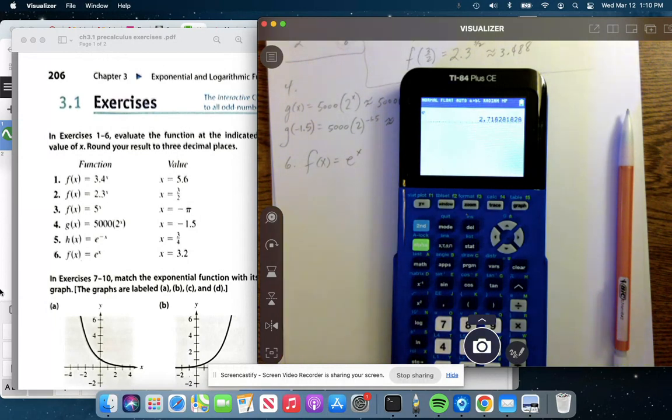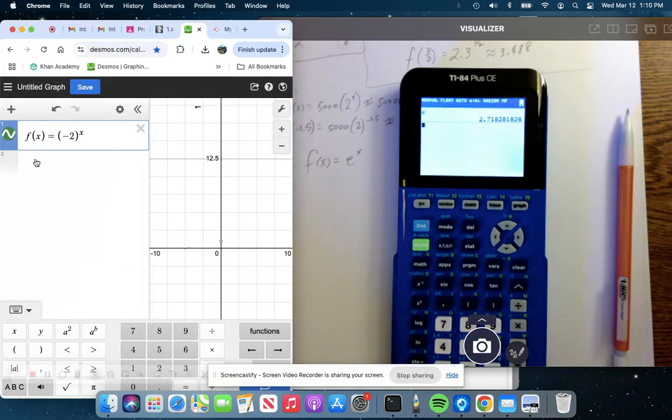So I wonder if Desmos has it. Let's see. Maybe Desmos will give me E. There it is. So 2.71828182846. See, it changes right after that. So it looks like it's going to repeat 18281828, but then it starts changing. So E is an irrational number, just like pi.